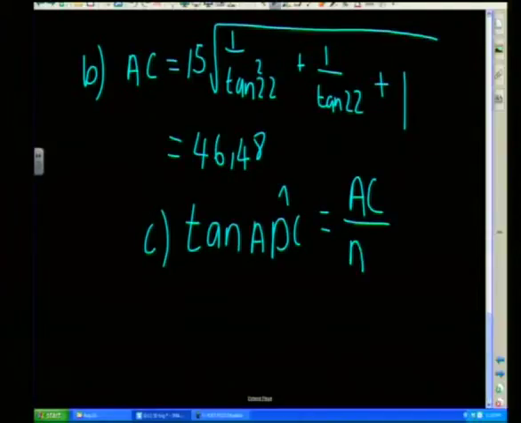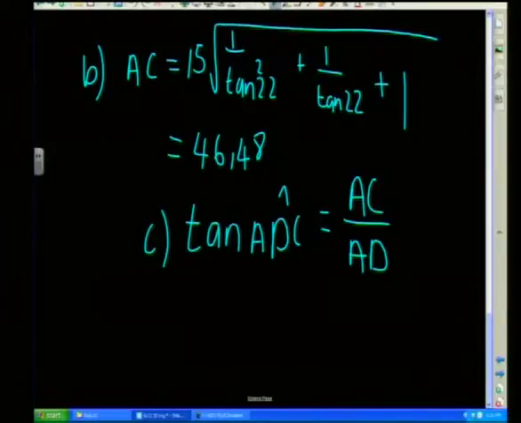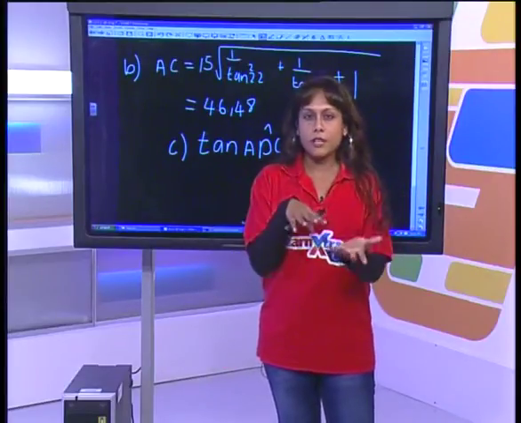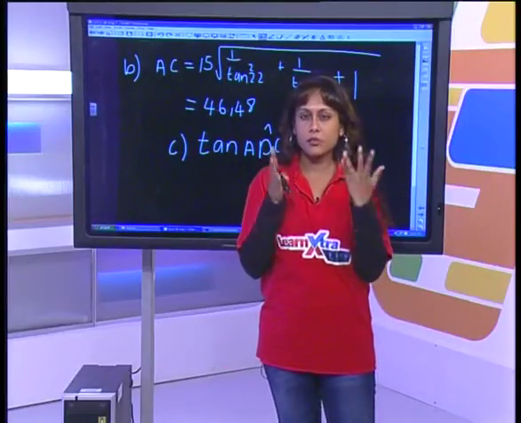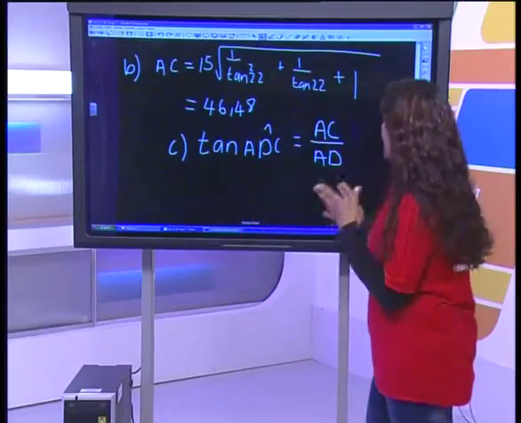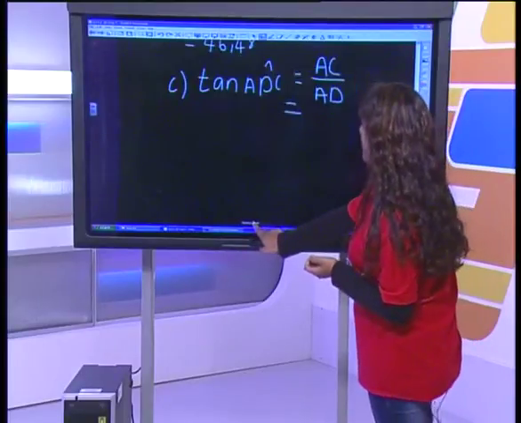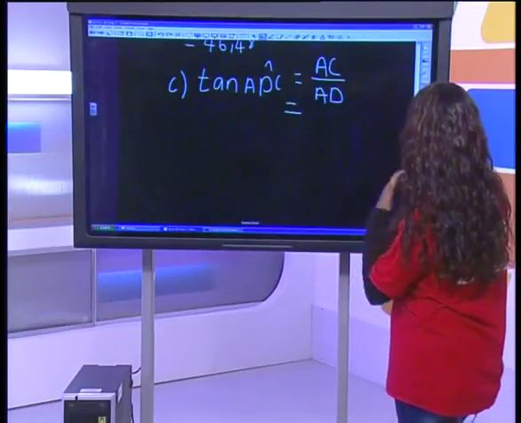So I've set it out as AC over AD. We know what AC is, we know what AD is, and then obviously grade 12s, if you were paying attention during Dina's lesson with the grade 11s, she did all of that stuff and revised trig equations. That's what we're going to do now, because we're going to end up with a ratio which we can use to help us solve for angle ADC.